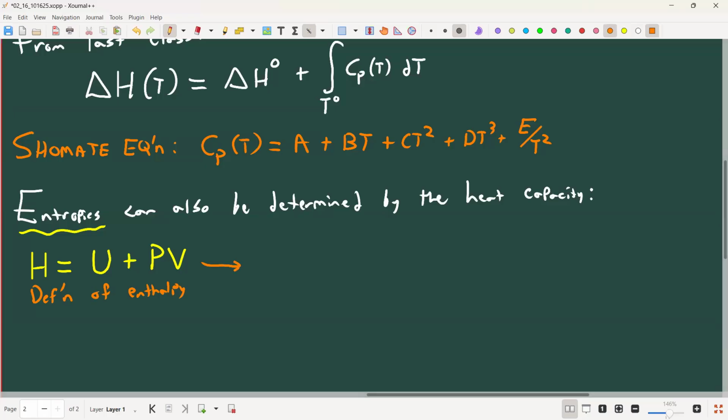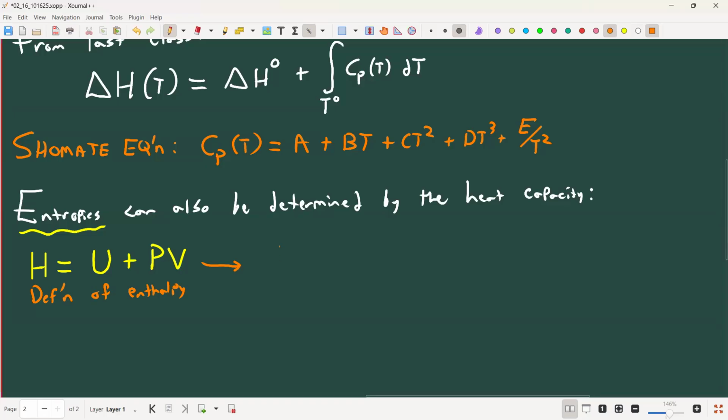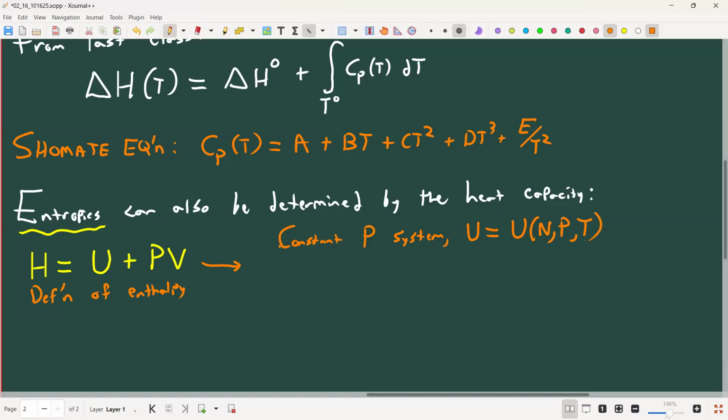Right, and we also know that for a constant pressure system, U is a function of the number of particles, the pressure of the system, and the temperature of the system. Okay.